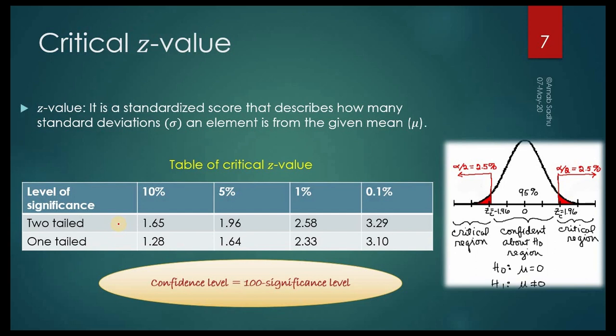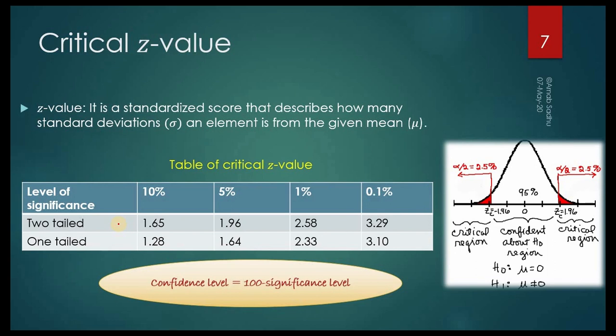You have a mean at 0 in a standard normal distribution, and on the right and left hand side you are going to have some standard deviation. You are deviating from the mean with some standard deviation. How many standard deviations you are away from the mean is measured by the Z value.